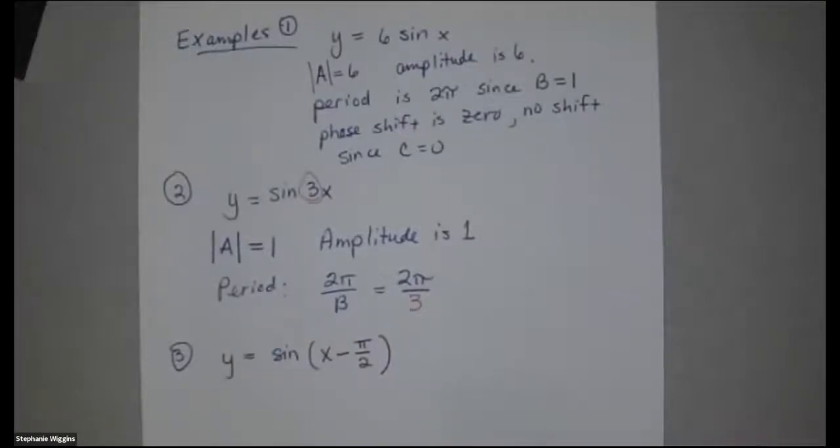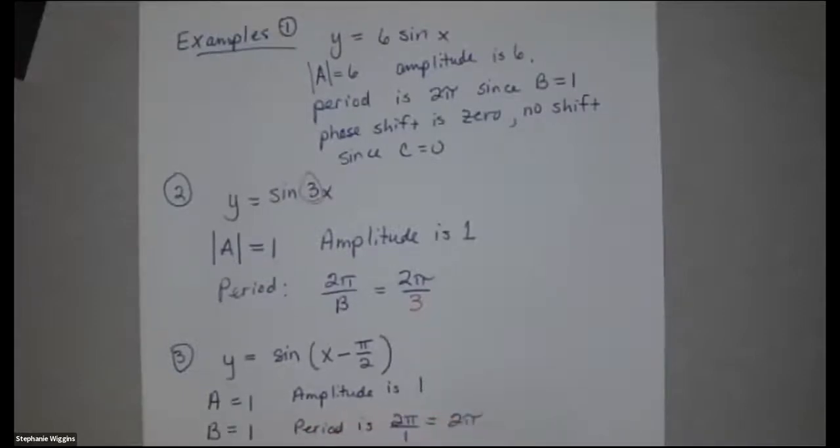Now, A equals 1, so the amplitude is 1. B equals 1, so the period is 2 pi. And now C is negative pi over 2, okay?